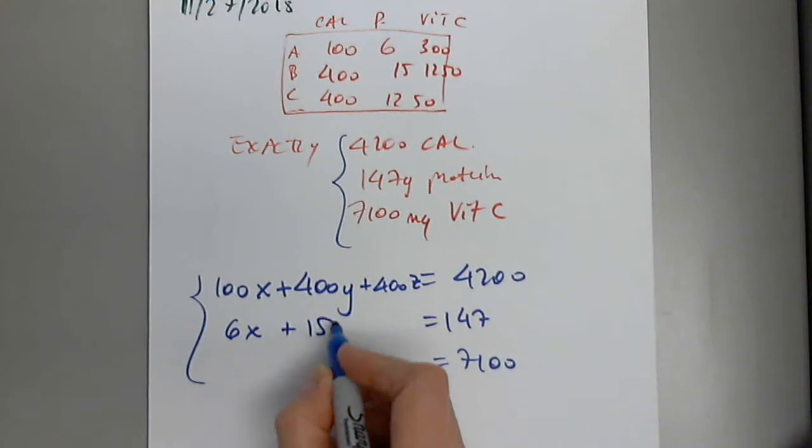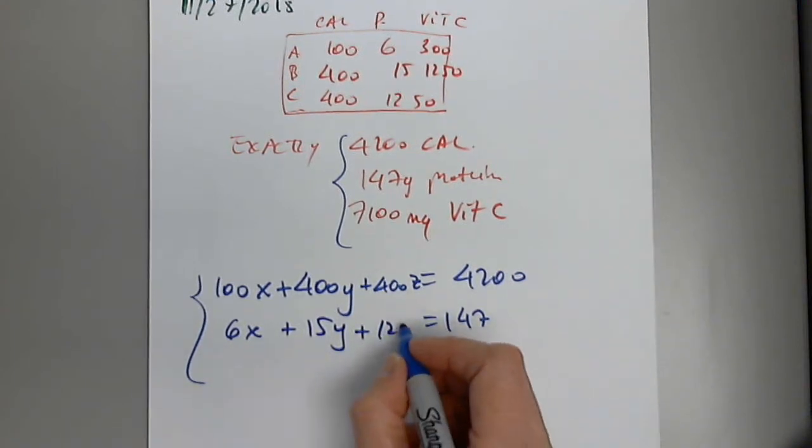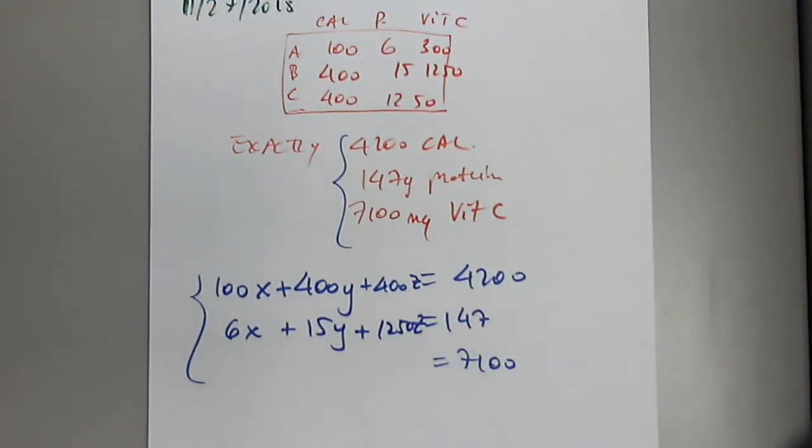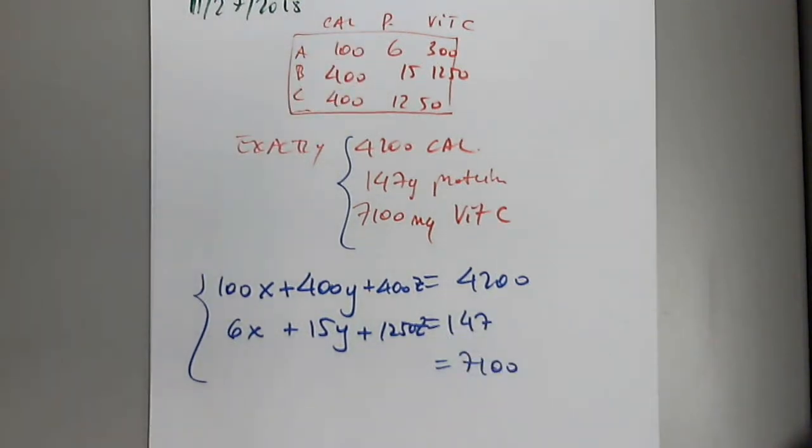Plus 15y plus 12z equals 147. I think it's 1250z, I could be wrong. Is it 1250 in the table? If you're going down, it's 6, 15, and 12 for protein. Oh yes, of course.